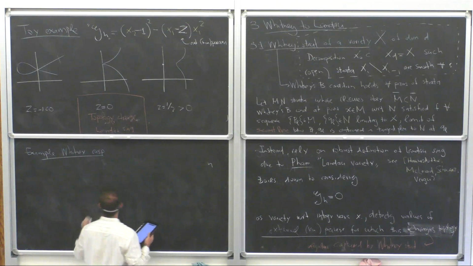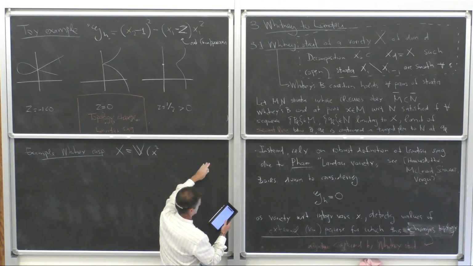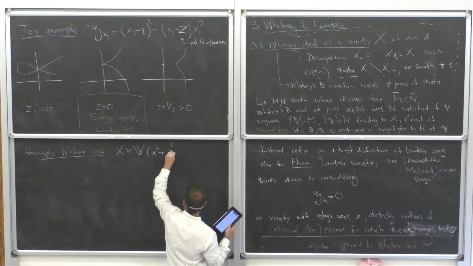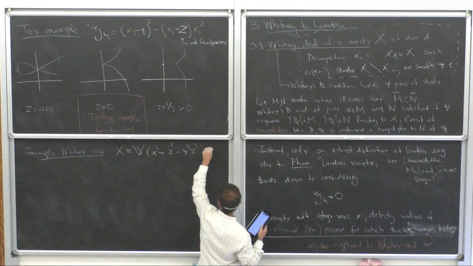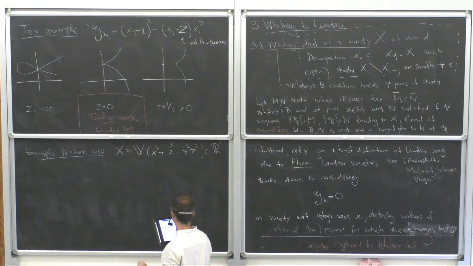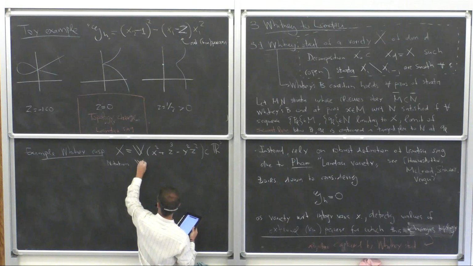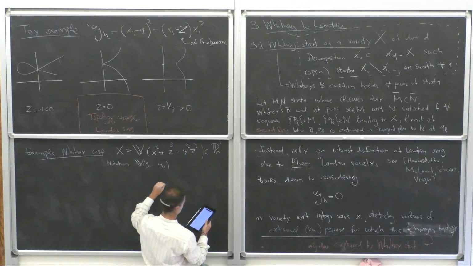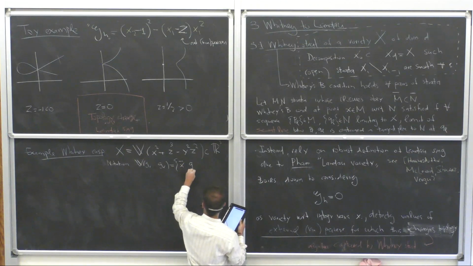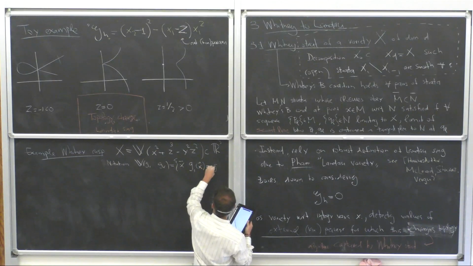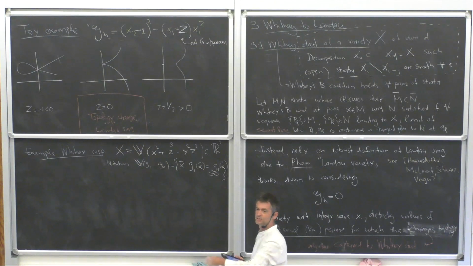And it is the variety defined by the vanishing of the polynomial X squared plus Z cubed minus Y squared Z squared, which, as I mentioned, is in three-dimensional space. And just a word of notation, V of G1 dot dot dot GR is really all values of X in some field, such that all these equations are 0 simultaneously. So this is just one equation. We could have also more equations simultaneously.